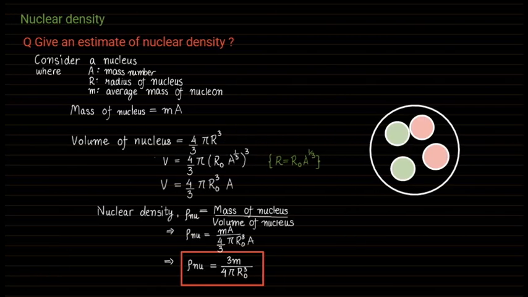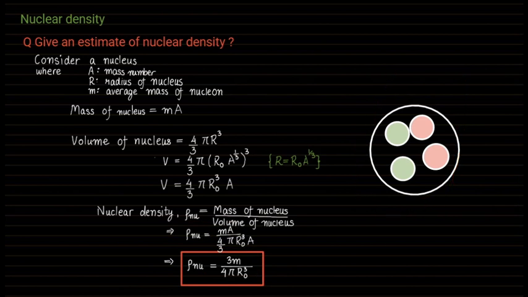What does this mean? The mass number got cancelled. Can you see? So if I ask whether your nuclear density depends on the mass number, do you see any mass number in this formula? No. So what will be the answer? No. The nuclear density does not depend upon the mass number.